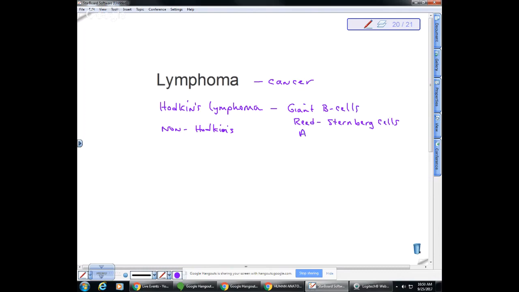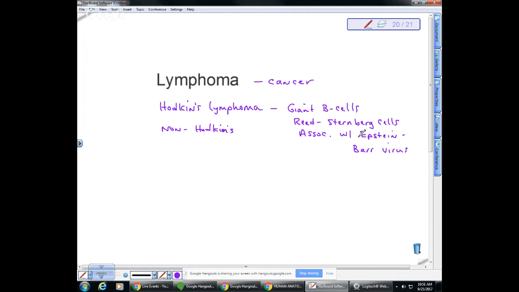So I'll just put that it's often associated with the Epstein-Barr virus. This is a specific viral infection that you might get, and viruses are known to cause cancer because they insert their genetic material into your genetic material, and so they can disrupt genes that are really important in regulating the cell cycle.